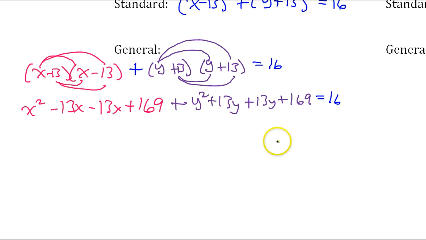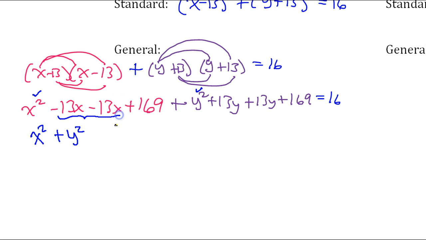Okay, now I just need to collect this all up to make it into general form. So I've got my x² and my y². They go first. x² + y². Next comes my x term.